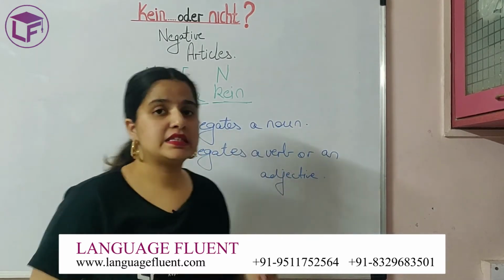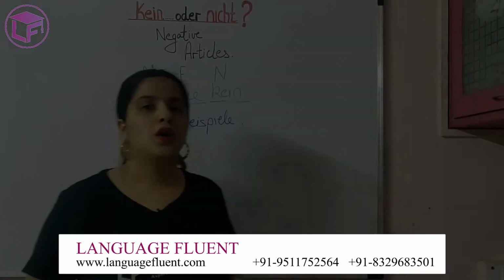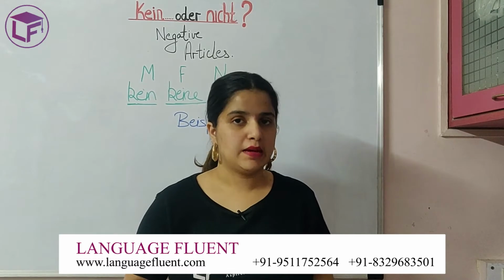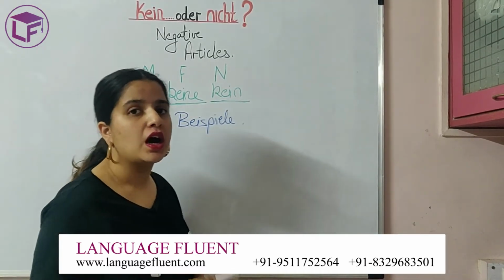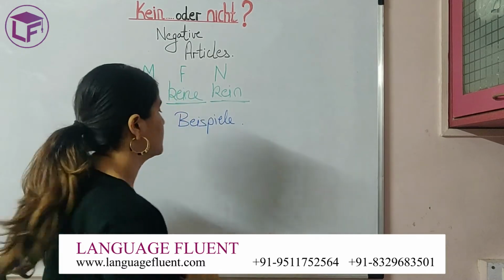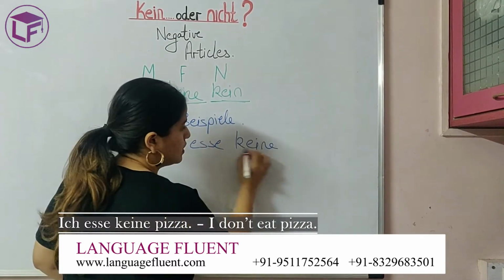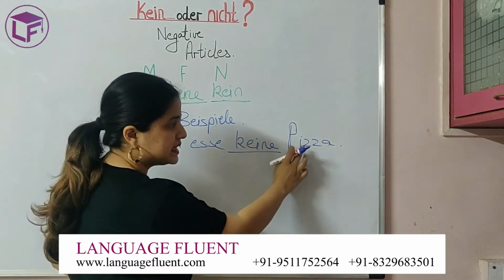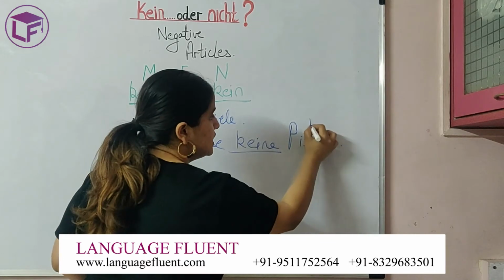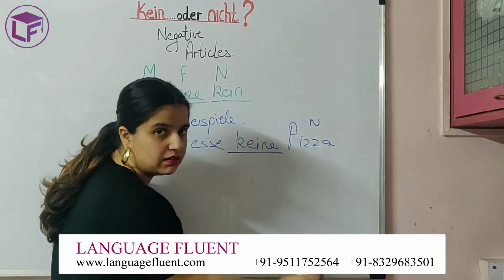Now, to understand it in a better way, let's look at a few examples, the Beispiele. First, how to use kein. Ich esse keine Pizza. So here we can see pizza is a noun. That's why we have used keine.